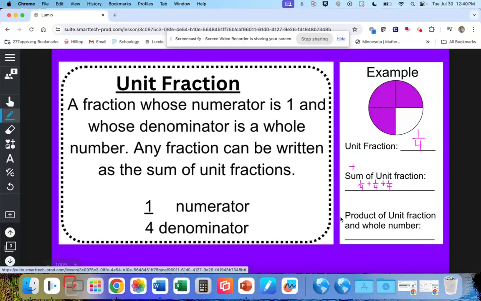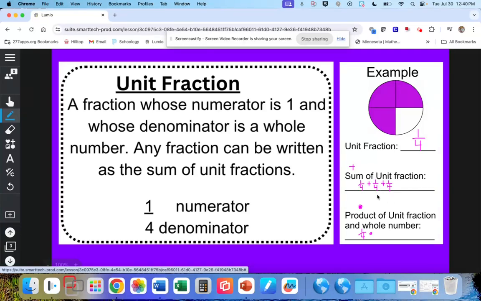Now, sometimes we're going to see it as a multiplication problem. Product means multiplication problem. And it says of a unit fraction. So if we look back at this example, our unit fraction is 1/4. And we're going to multiply this now by the whole number of how many times. We know that multiplication is just repeated addition.